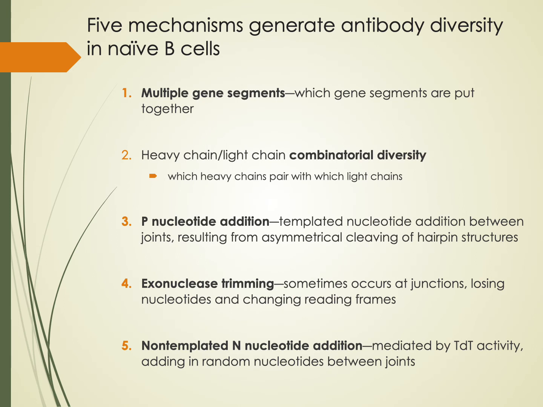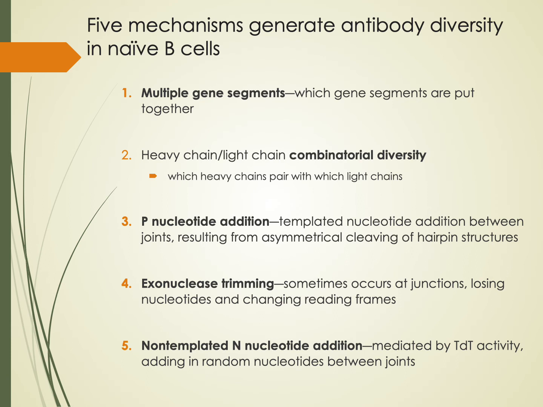Everything we've talked about to this point really leads to having a wide repertoire of antibody diversity in these B cells. Keep in mind at this point, these B cells have not seen antigen, so they're naive. They are just randomly picking what segments to pick. Just because of the number of combinations of gene segments, that can give you different possibilities. Then there is combinatorial diversity, because we have a heavy chain, but that heavy chain can pair with different light chains.